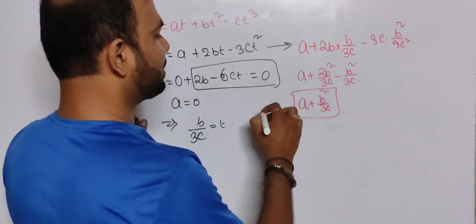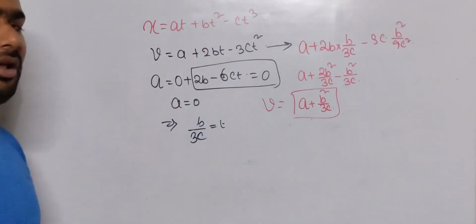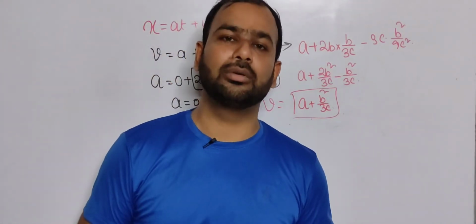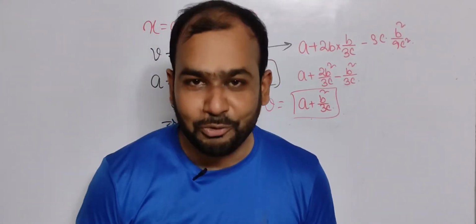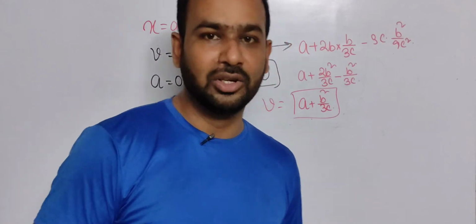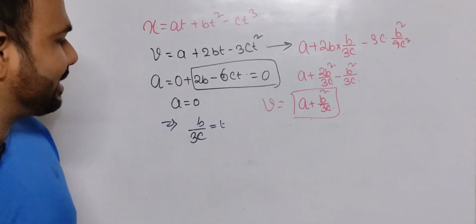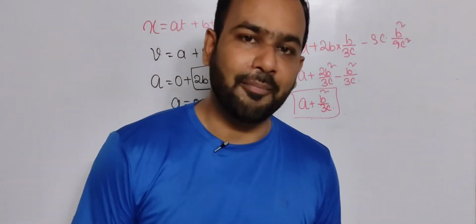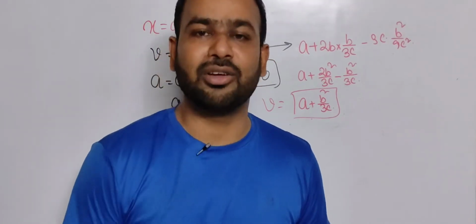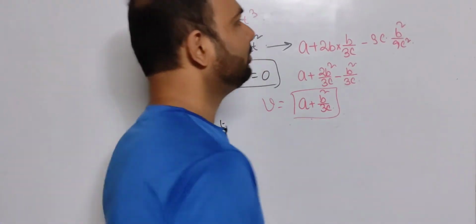This is the velocity when the acceleration is 0. Actually the information that the acceleration is 0 is nothing but to find the time at that instant. So this is called the instantaneous velocity at t equal to b by 3c. We have to find the instantaneous velocity. Okay. The last question was asked in JEE Mains 9th April 2019.